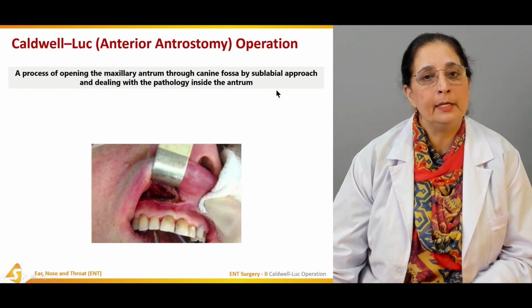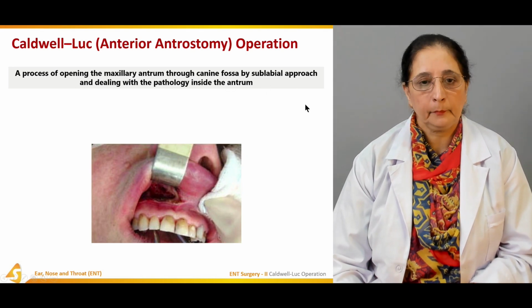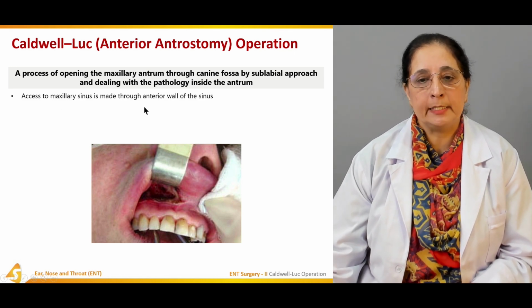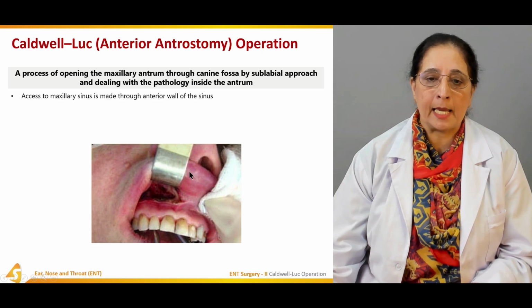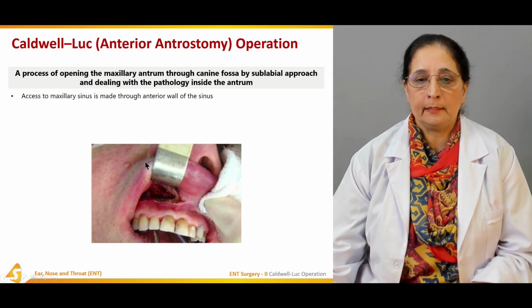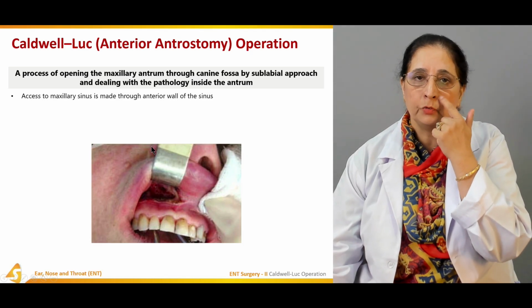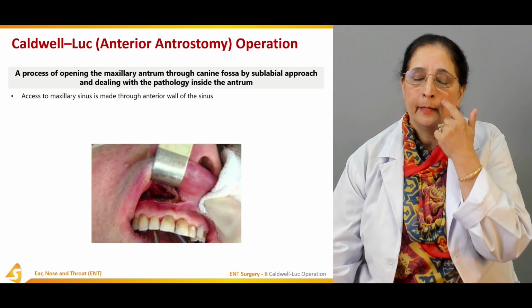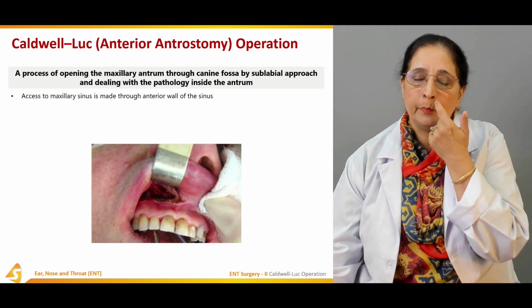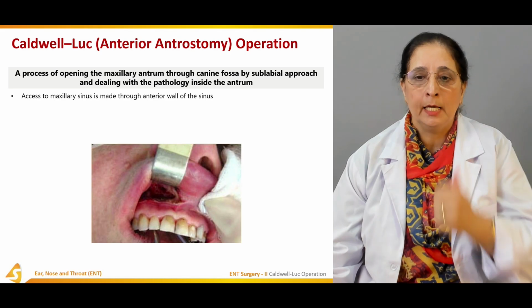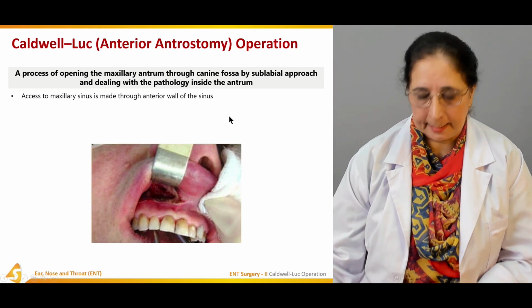It's a sublabial approach. Access to the maxillary sinus is through the anterior wall of the sinus. So here is the maxillary sinus very close to the nose, and the approach to this maxillary sinus through the sublabial route, below the lip, is the anterior approach to the antrum of the sinus.